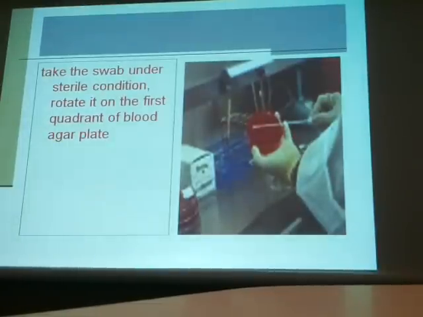Streptococci cause hemolysis on the blood agar due to hemolysin enzymes, or streptolysin.